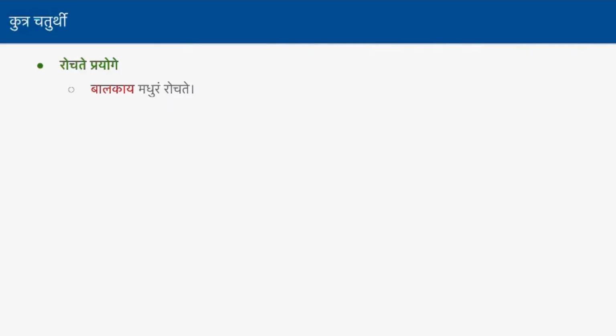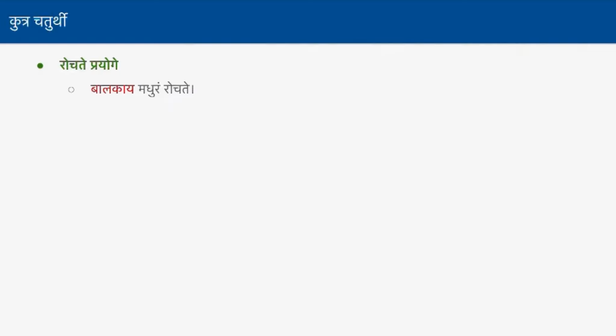And what is this rochate? Is this a kriya padam? Yes, it is a kriya padam. We have not come across this form so far. Generally there are two forms of kriya padam: parasmaipada and atmanepada. So far, all the kriya padams we have learned, like gachati, vadati, patati, likhati, end with the ti suffix.